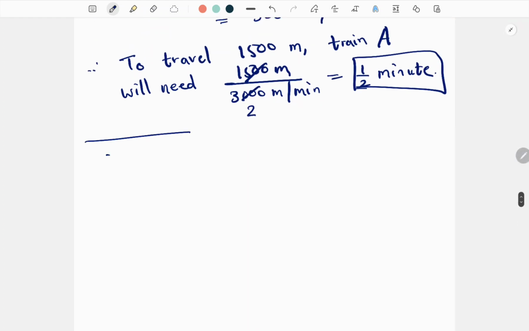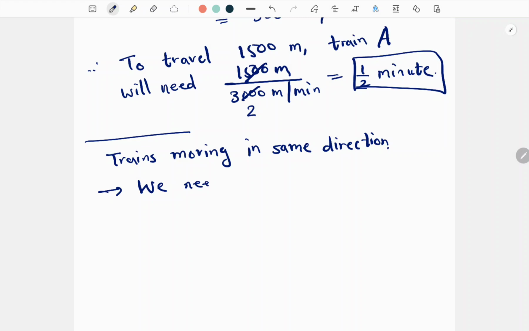So if the trains are moving in the same direction, here we need to subtract velocities, not add them.